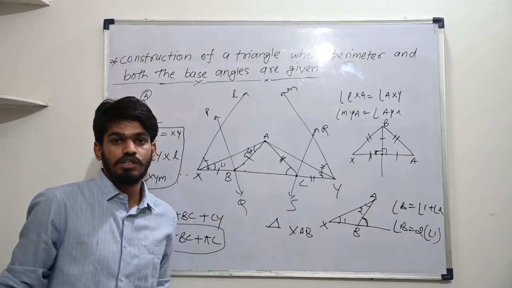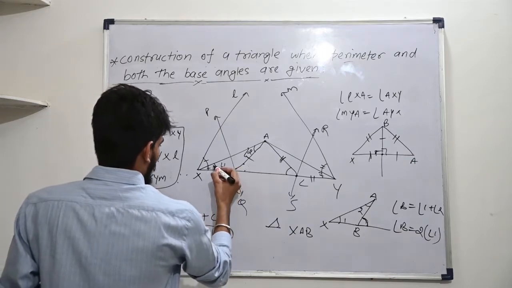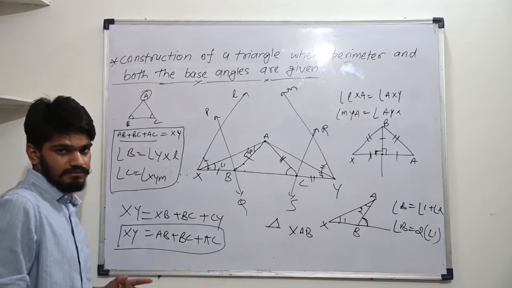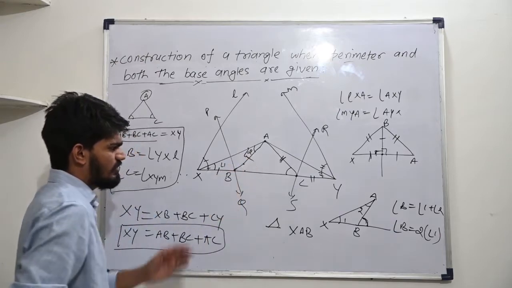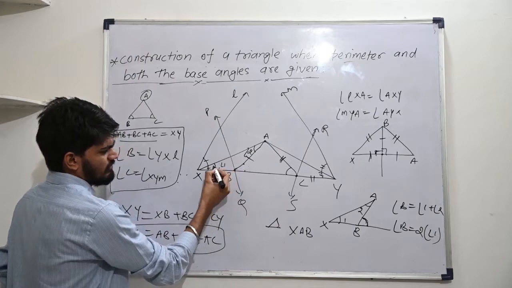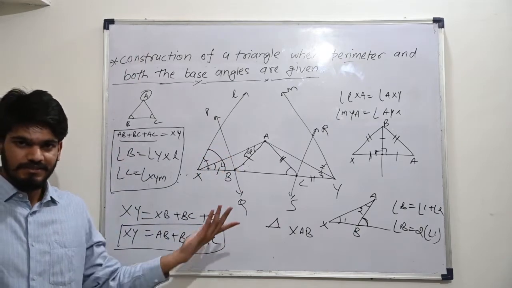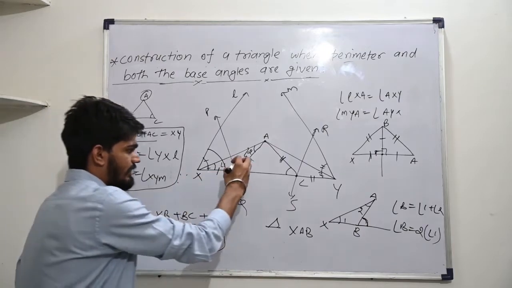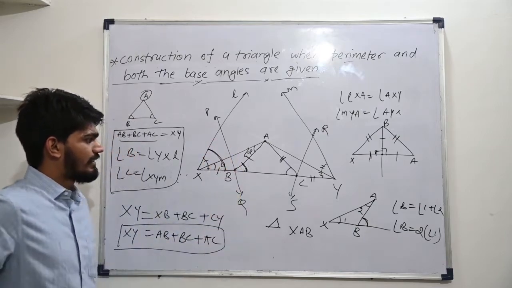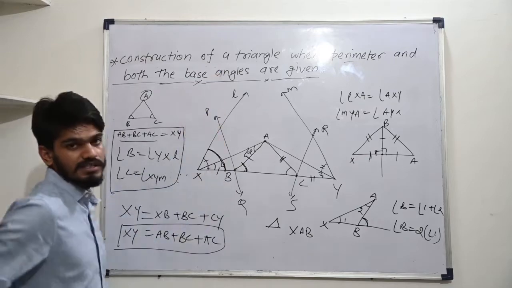I can write it as twice angle 1 as well, because angle 1 and angle 2 are both the same here. Now twice angle 1 means this complete angle. That's what we have to prove, that this angle B is equal to this complete angle, because this complete angle is the value which we have taken in the starting.